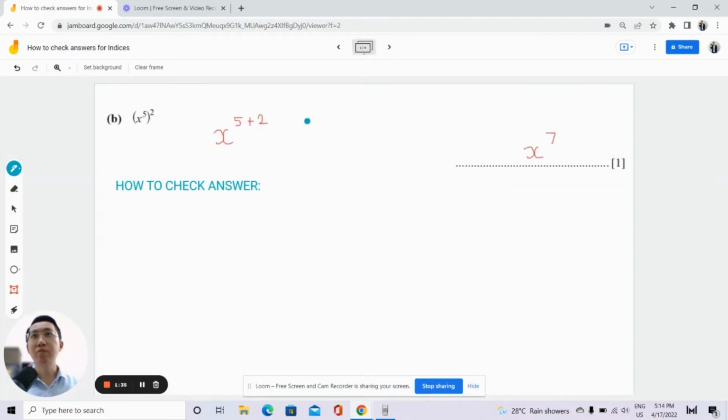Alright, let's proceed with the second question. So let's say this student logs in x to the power of 7 and the student shows this working. So how are we supposed to check? Again, I want you to assume now x equals 2. So I am going to type this, replacing 2 into the calculator.